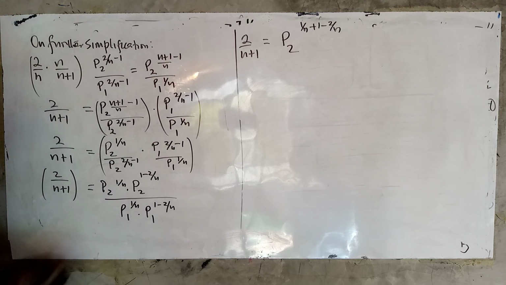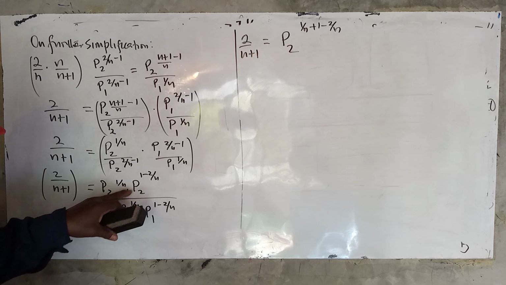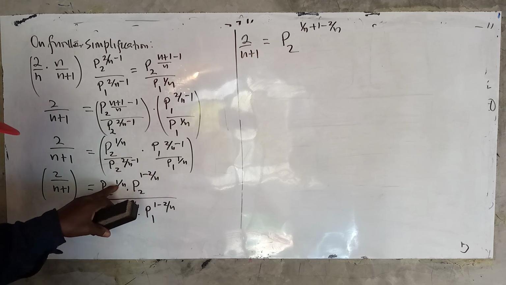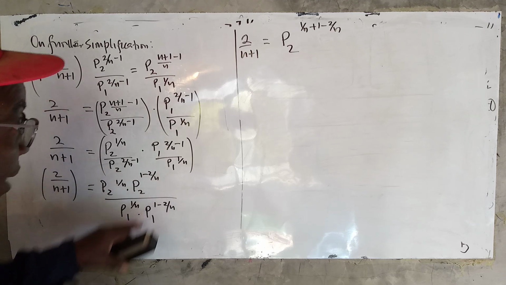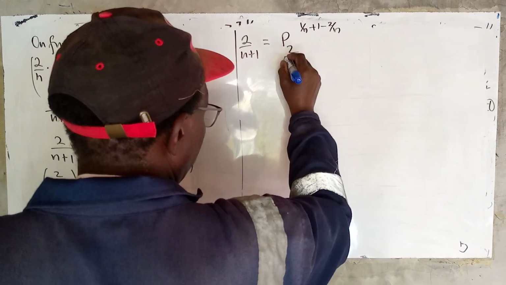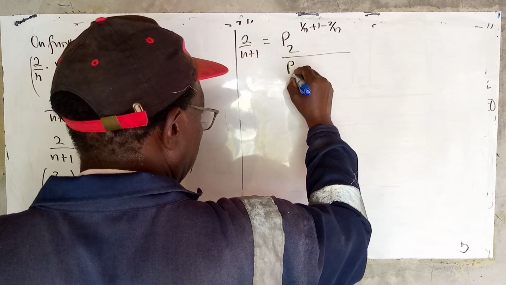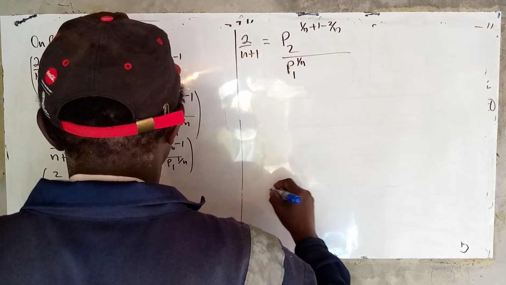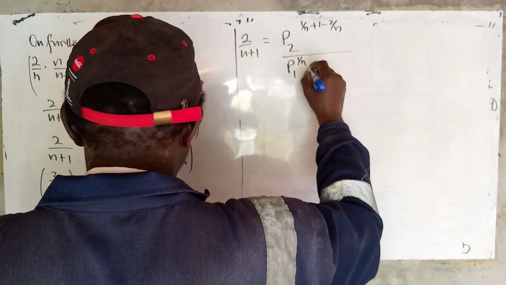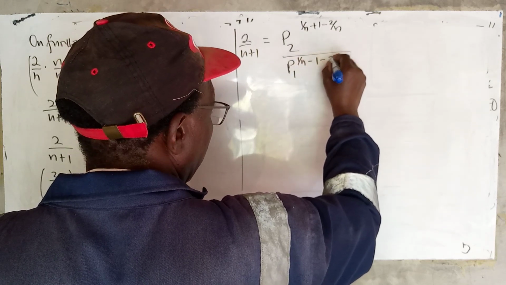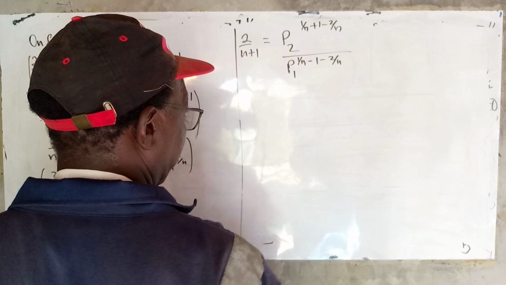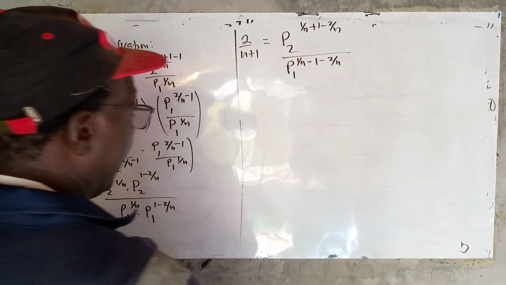That will be 1 minus 1 over n plus 1 minus 2 over n. And this will be P1, 1 over n minus 1 minus 2 over n. And so what do we get here?